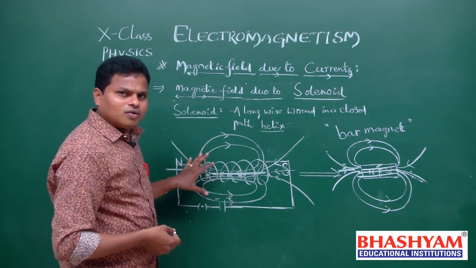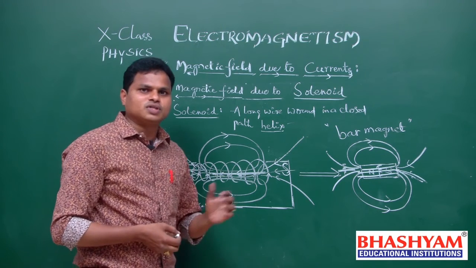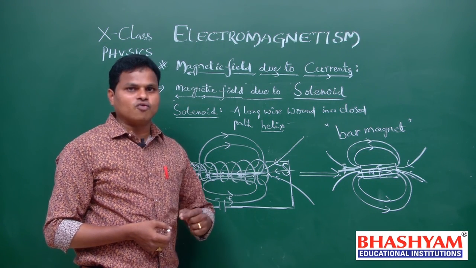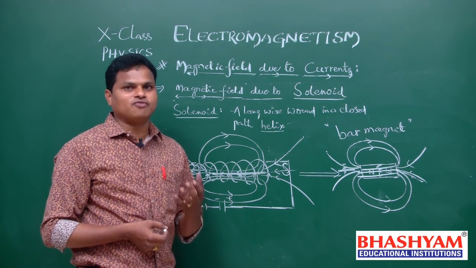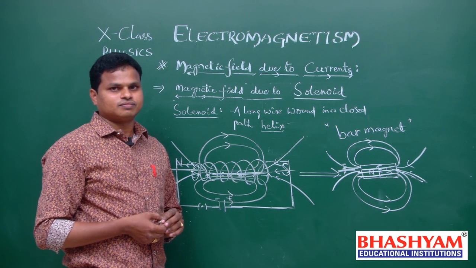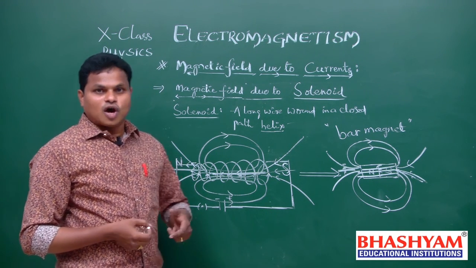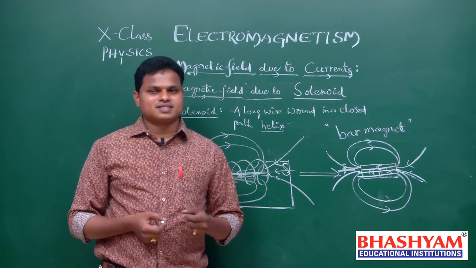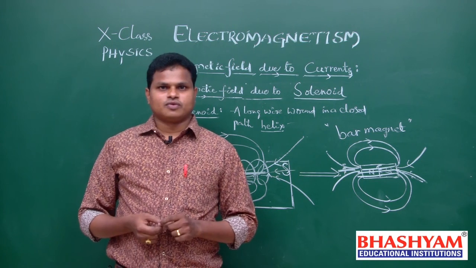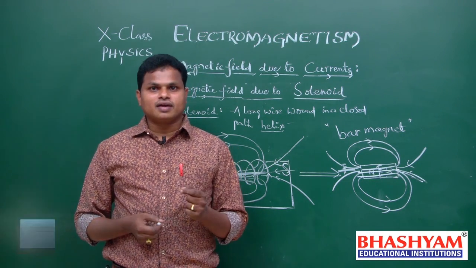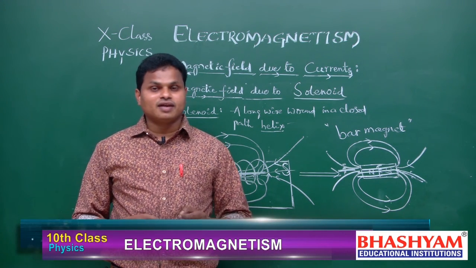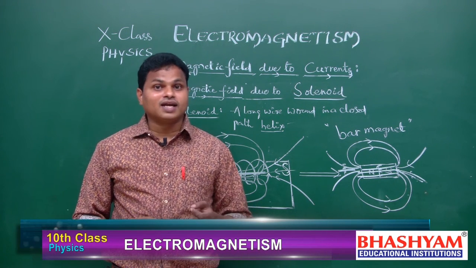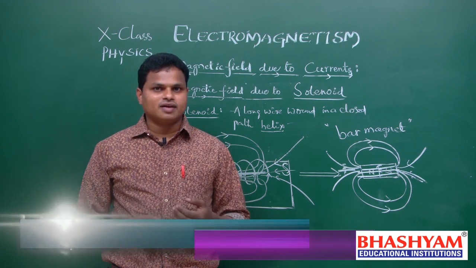From these three situations, what we observed is that current carrying wires produce a magnetic field. Now, in the next section, we will discuss what happens when a current carrying wire is kept in a magnetic field.